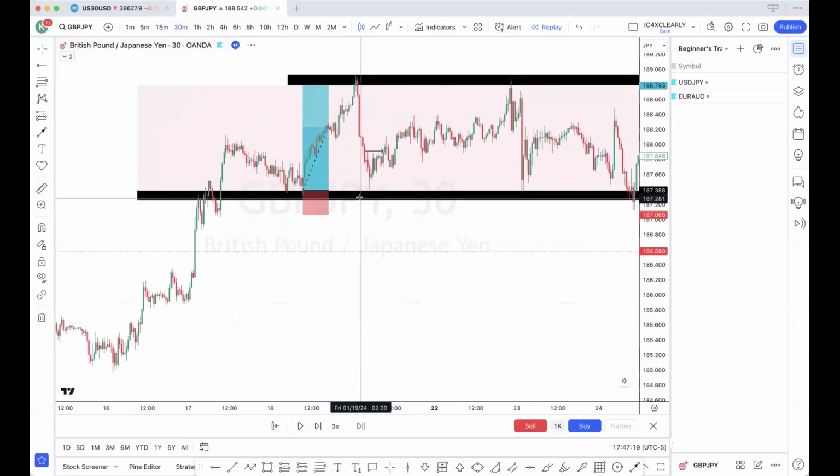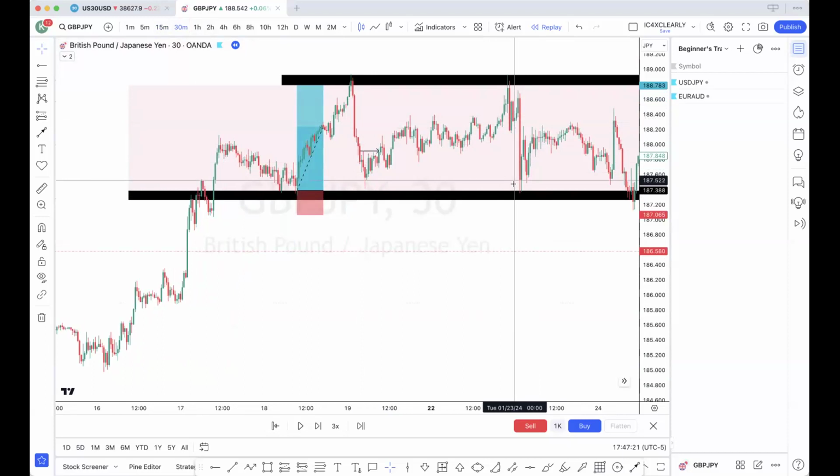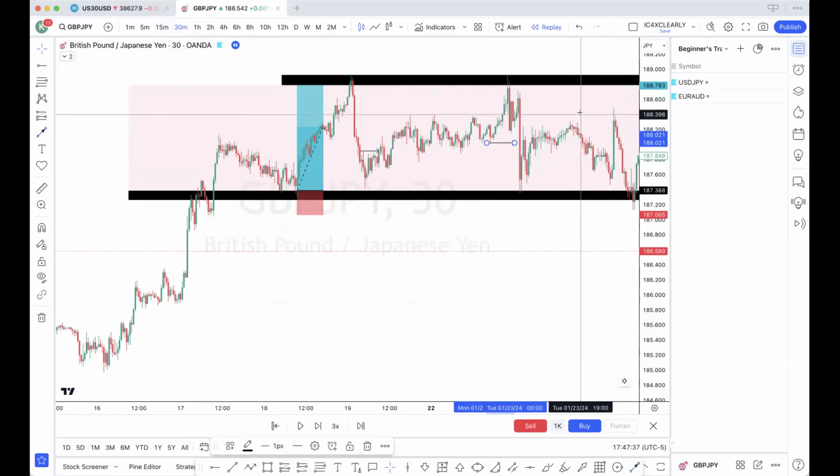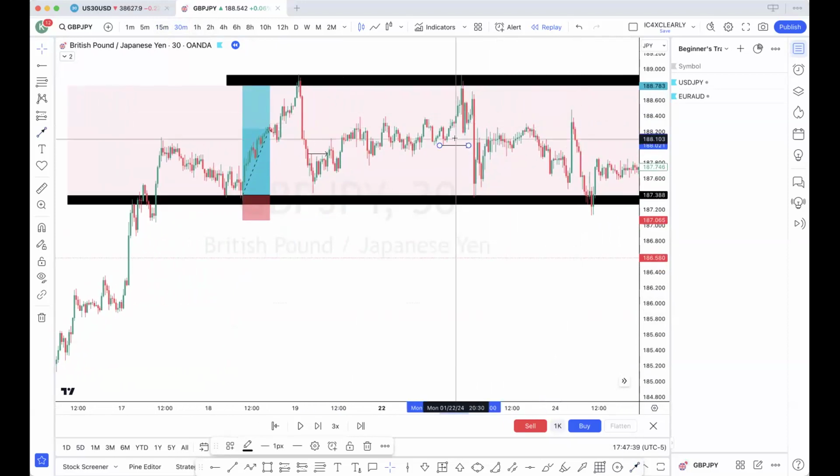I'm sure I didn't take this right here back down, because I would have wanted it to break this low to then pull back, which actually it did, now that I see it. It did break this low right here. And then this pulled back into the order block and then sold back down to the zone.